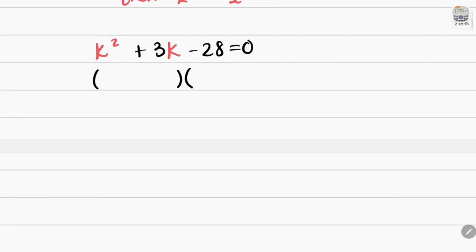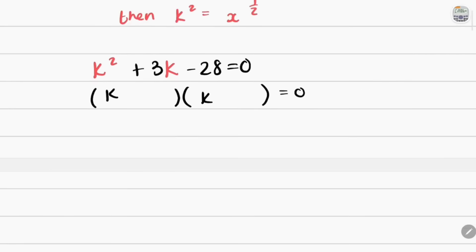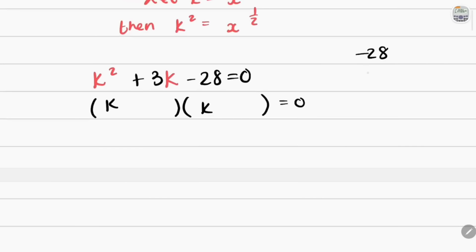So open up two brackets and equate to 0. k multiplied by k gives us k squared, and then we need factors of -28 that can give us 3. We could try 7 times 4 is 28. One of them needs to be negative, but because 3 is positive, make the smaller factor negative. So 7 minus 4 is 3.